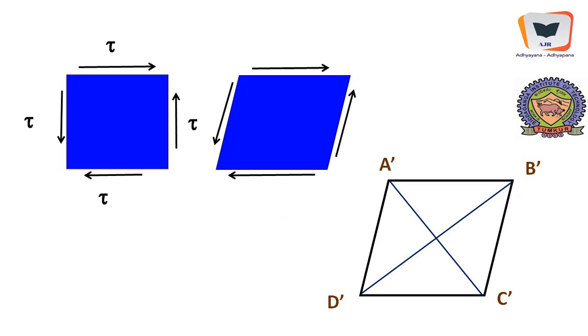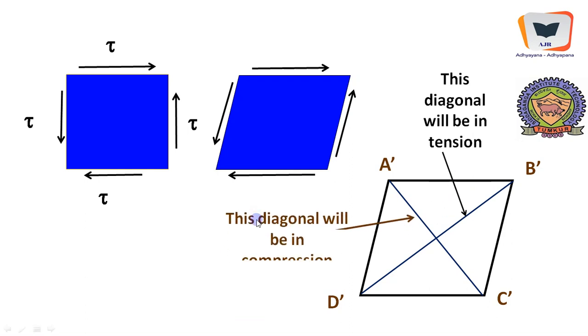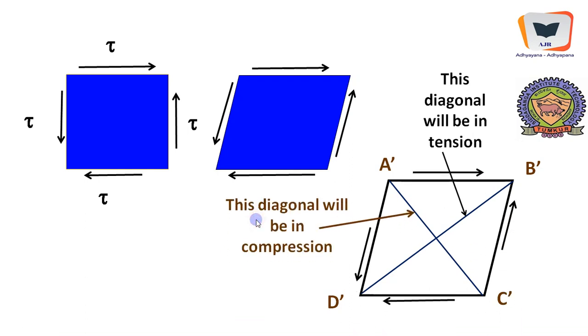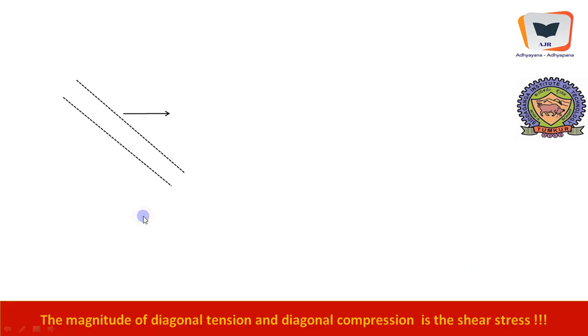Therefore, the stresses developed in these diagonals are called diagonal stresses. One diagonal tension, the other diagonal compression. So this diagonal will be in tension and this diagonal will be in compression due to the shear stresses.